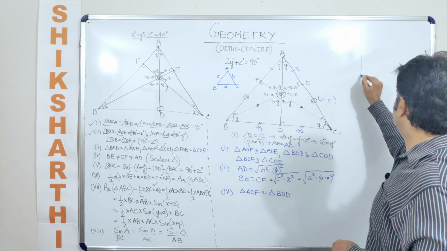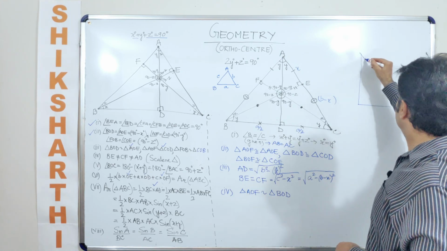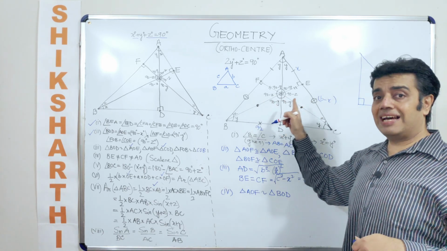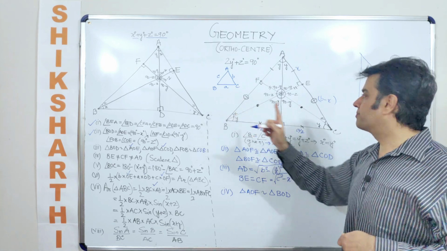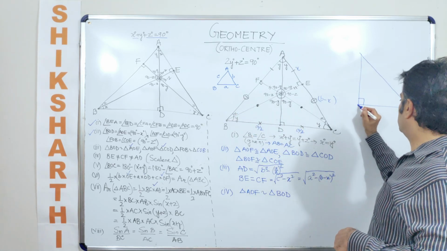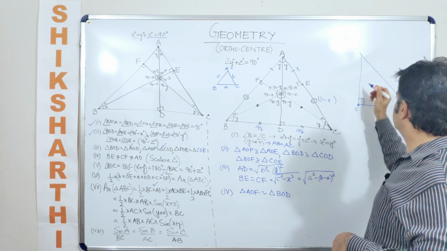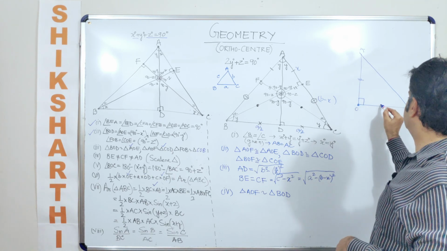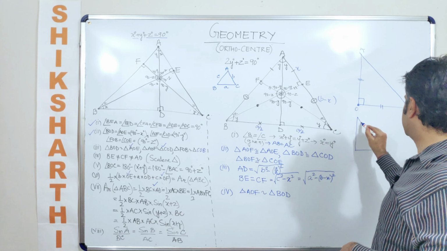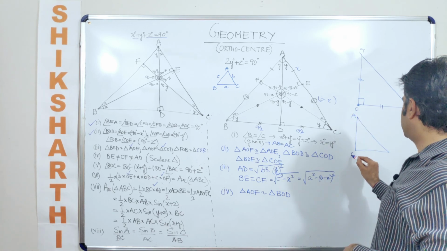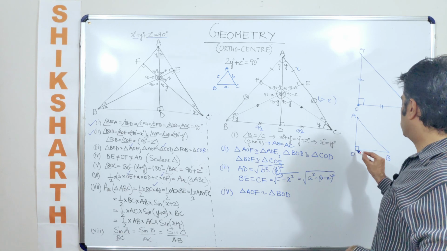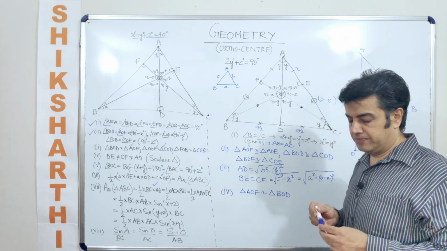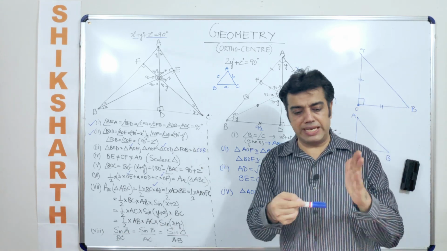At the same time, as a special case, if I draw a scalene triangle, which is a right angle scalene triangle, I can draw a right angle isosceles triangle also. I can draw both. In that case, the orthocenter would always lie here. I repeat, in a right angle triangle, whether I have these two sides as equal or I have a scalene right angle triangle, in either case the orthocenter would always lie on one of the vertices, and that is the perpendicular vertex, the vertex which forms an angle of 90 degrees.